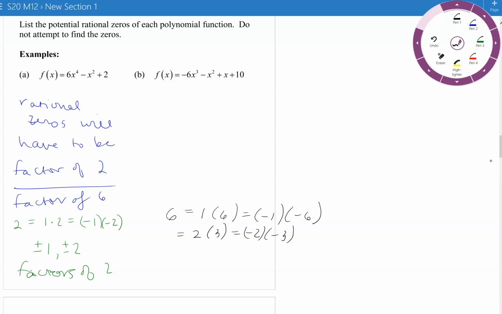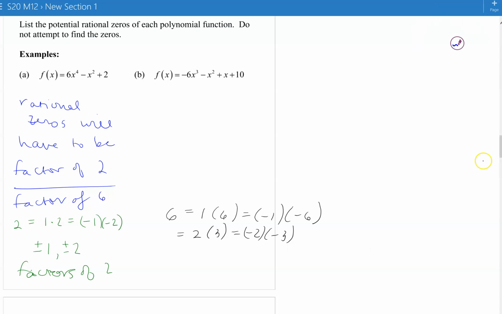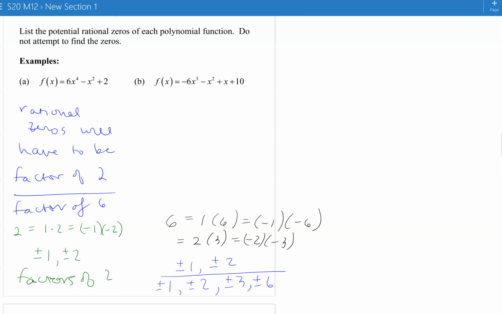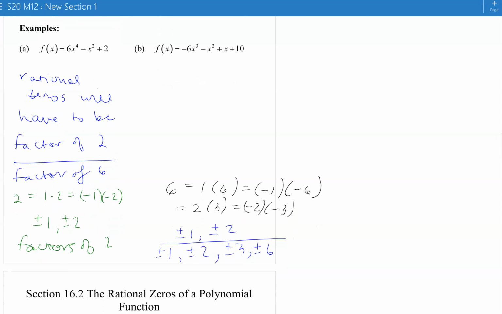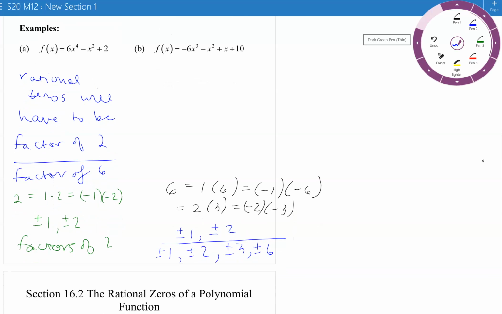So the way I show this to myself is I just say I know my numerator either has to be positive or negative 1 or positive or negative 2, and my denominator has to be positive or negative 1, 2, 3, or 6. This is just my shorthand way of saying here's all the possibilities, but you are being asked to make a list, so you need to actually make a list.